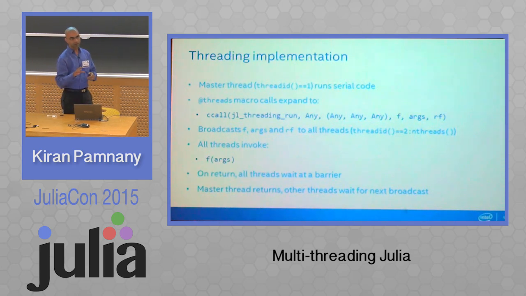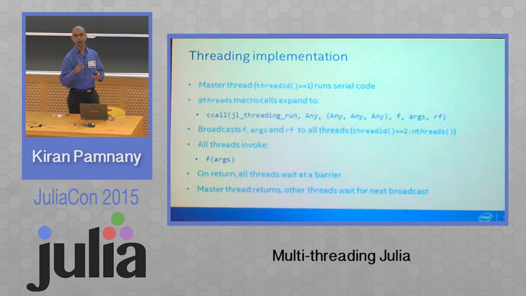This is to distinguish between the interface and how it's implemented, because the interface really is about parallel loops, and how it's done under the hood can change and may change going forward. From a programming perspective, you're just saying, hey, this loop is parallel, the iterations are independent, go ahead and do it.